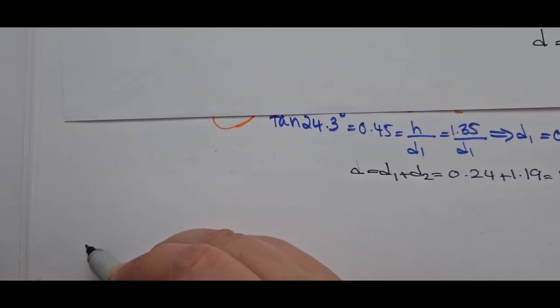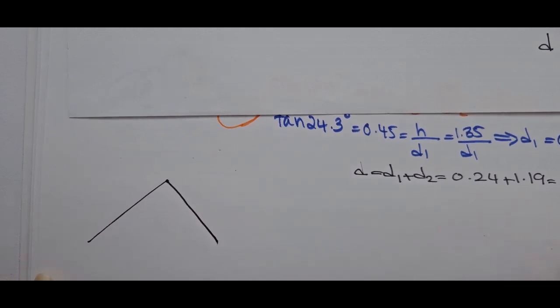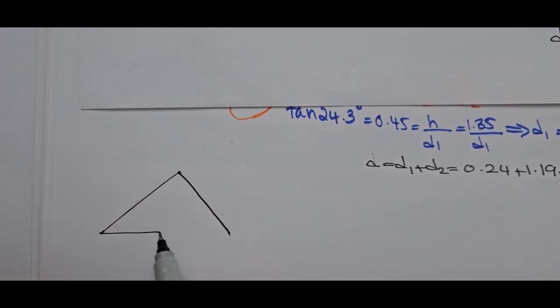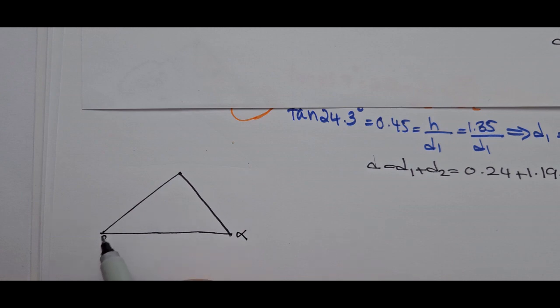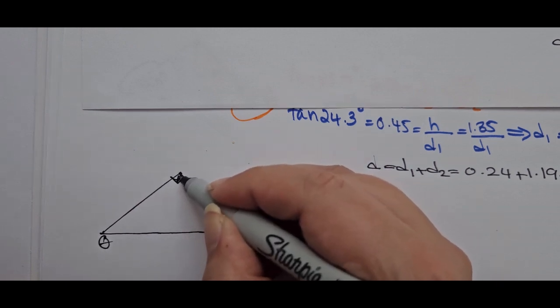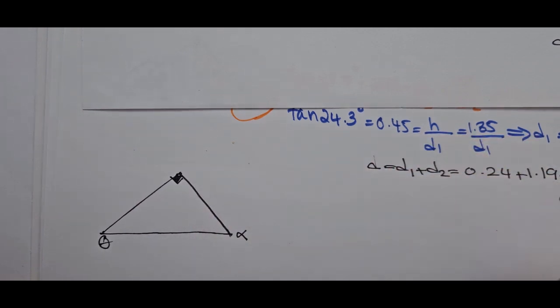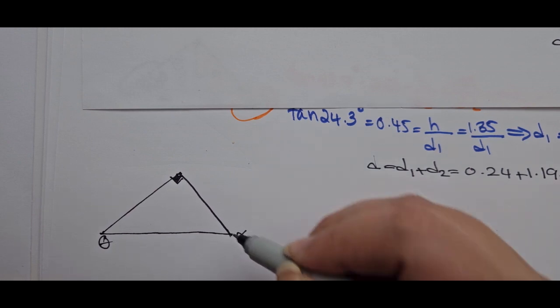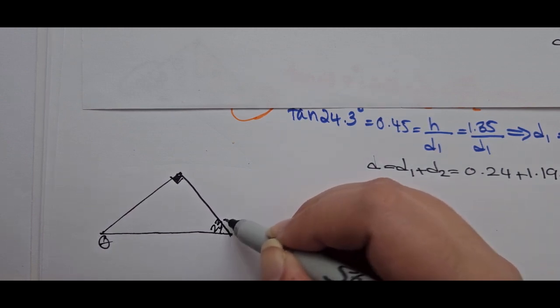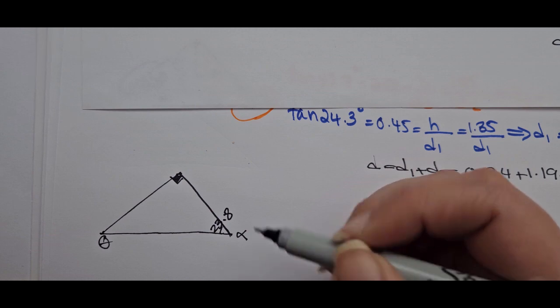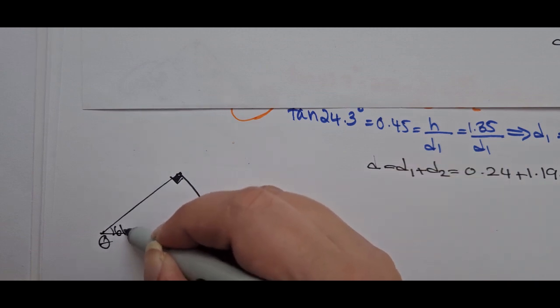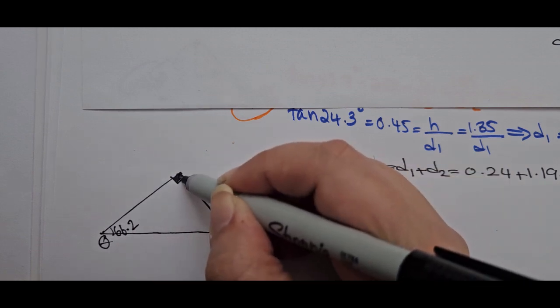So let me draw the triangle. So remember, guys, this is the alpha, this is the theta, this is 90 degree. Okay, how much is alpha? It's 23.8. If this is 23.8, this one would be 66.2, and this is 90 degree.